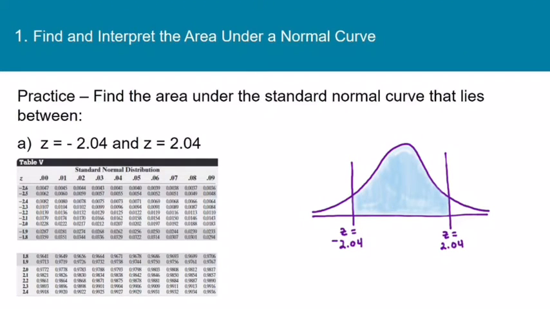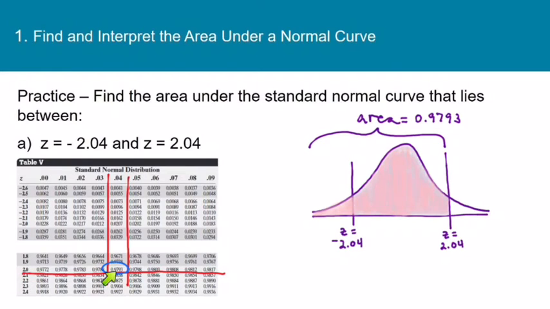Now remember, the way to find the area between two z-scores is to find the area to the left of the larger one and subtract the area to the left of the smaller one. So now I can say the area to the left of 2.04 is going to be 0.9793, and the area to the left of negative 2.04 is going to be 0.0207.